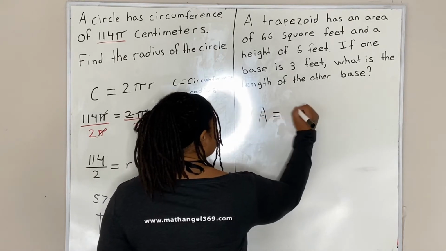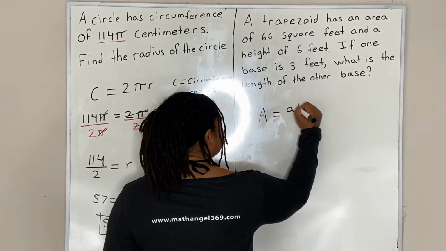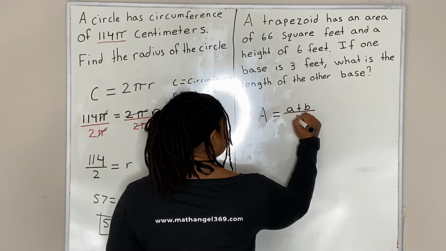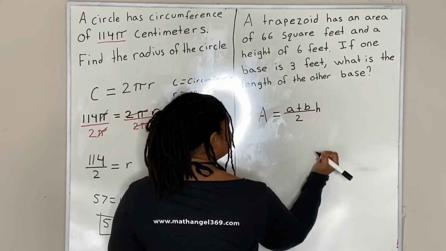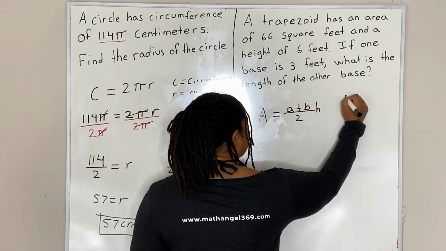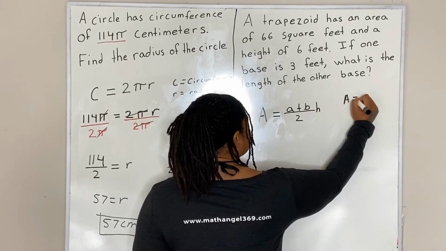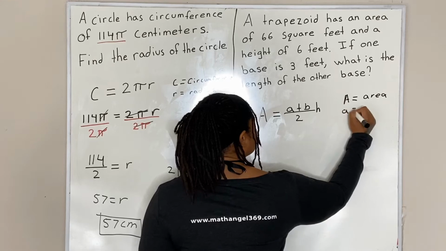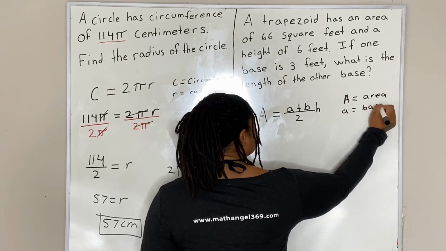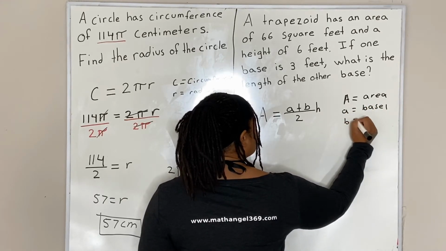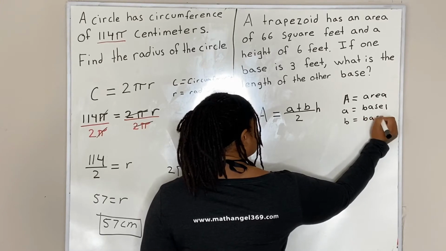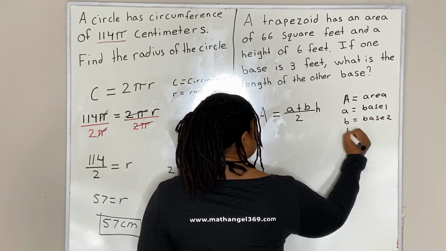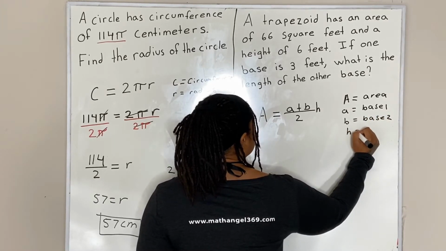Area is equal to (a plus b) over 2 times h, where big A is equal to area, little a is equal to base 1, little b is equal to base 2, and h is equal to the height.